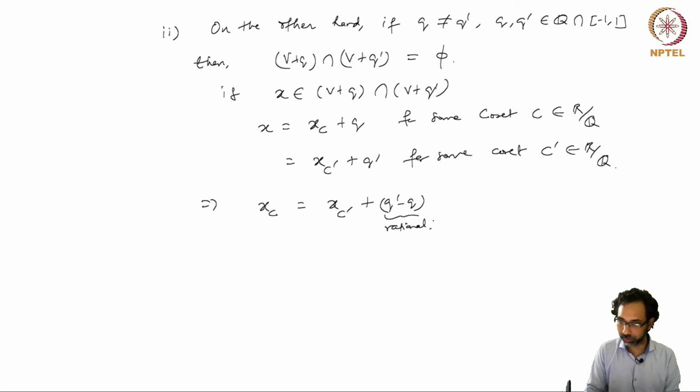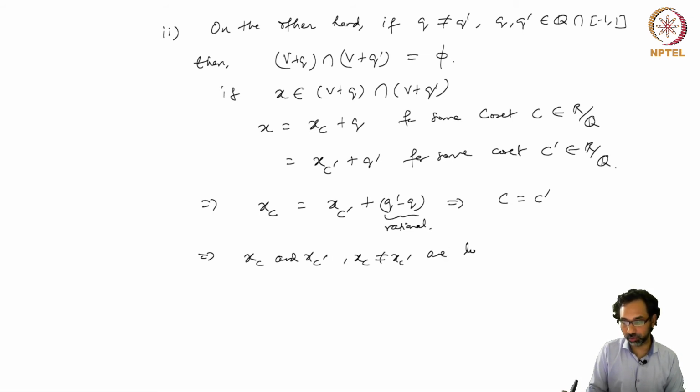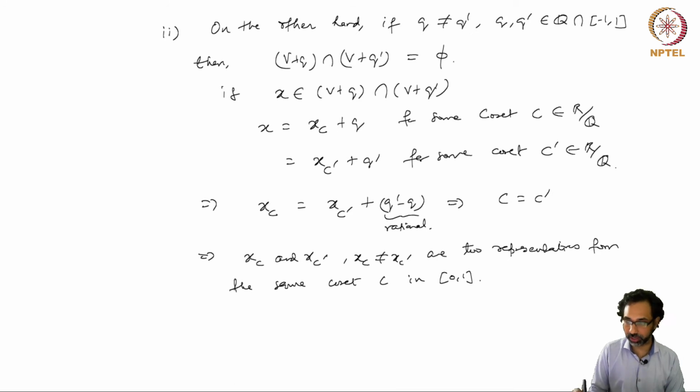which means that C must be equal to C', and this means that x_C and x_C', with x_C not equal to x_C', are two representatives from the same coset C belonging to [0, 1], which is not allowed. So x_C and x_C' both belong to [0, 1], and this is a contradiction.